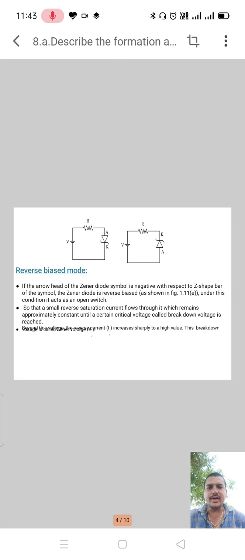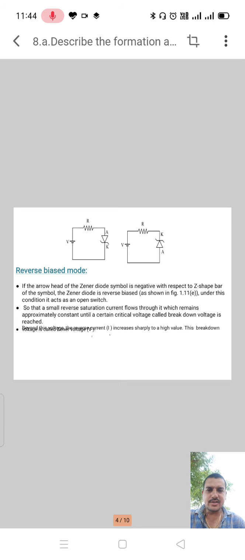If the arrowhead of the Zener diode symbol is negative with respect to the Z shape bar of the symbol, the Zener diode is reverse biased, as shown in the second figure.